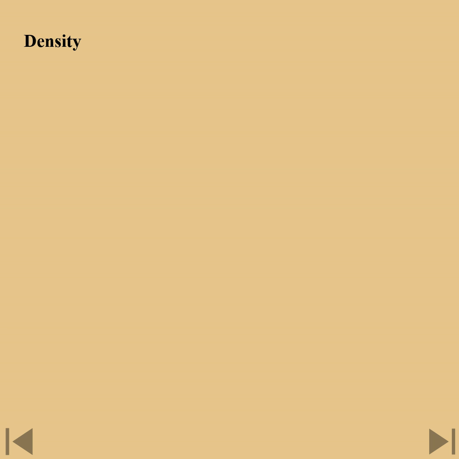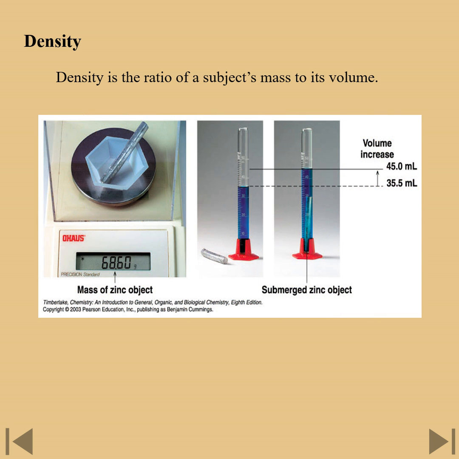Now, ultimately, density is the ratio of your subject's mass to its volume, so mass over volume. But we're going to do our calculations using our units. Let me get to that in a moment. This is showing how we would be measuring the mass of a subject over here on the left part of the picture, and then how we would measure the volume.